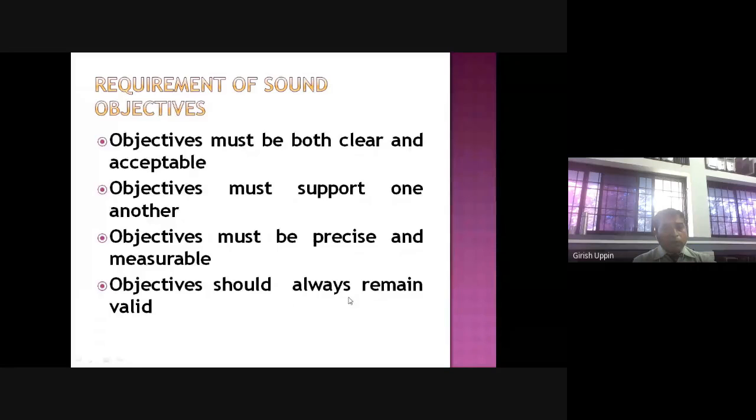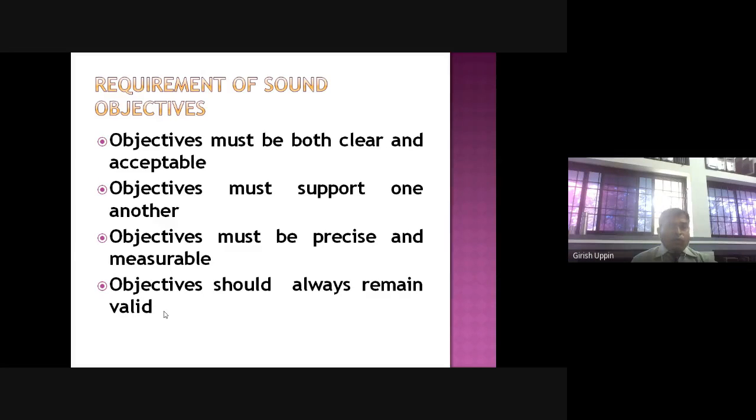Objectives should always remain valid. This is the most important thing. As the situation changes, there are situations where the objectives become invalid. For example, as we know in the IT industry, the technology keeps on changing. We are going towards newer and newer technology.